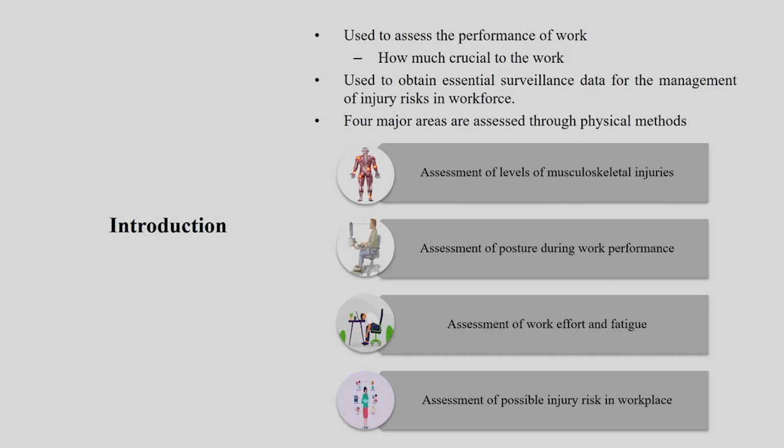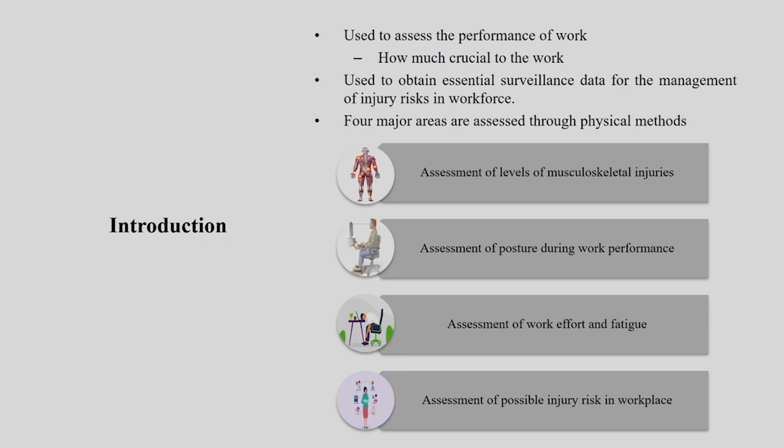And last, what we are going to discuss in this particular section is what possible injuries can come up due to risky activities or risky jobs in that particular work environment or workplace. So four major categories.